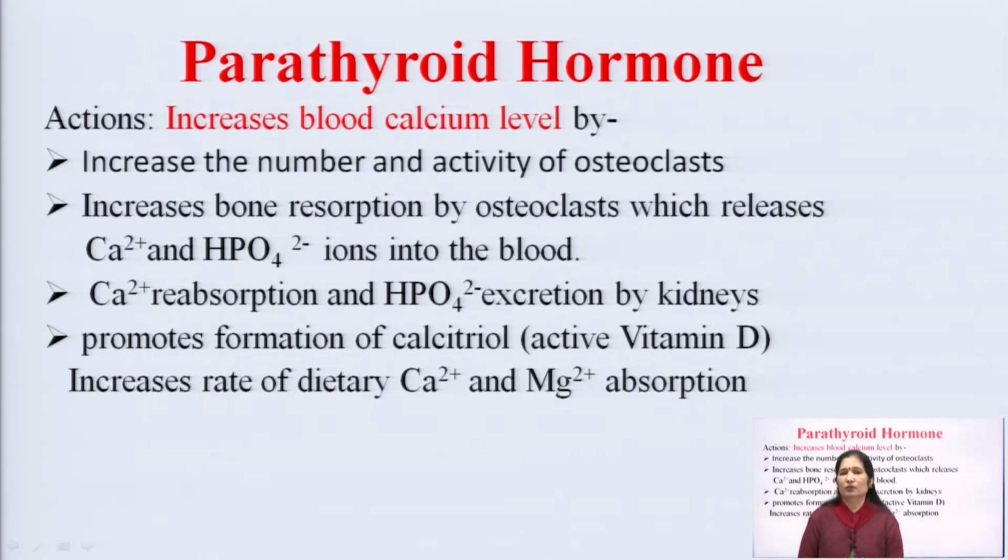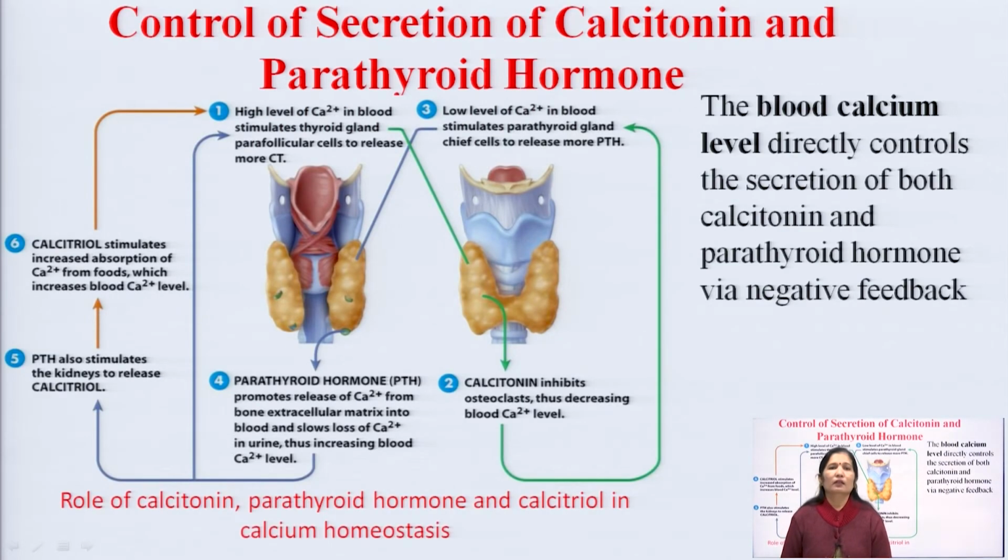So, the 2 hormones, calcitonin and parathyroid hormone, are the calcium regulating hormones. This will be more clear with the help of this flow diagram. So, as I told you, who is the regulator of their secretion? Calcium.